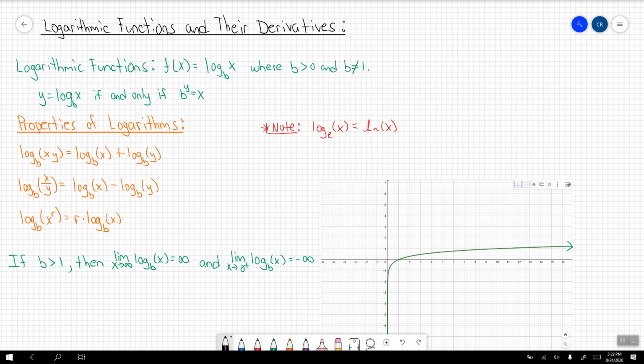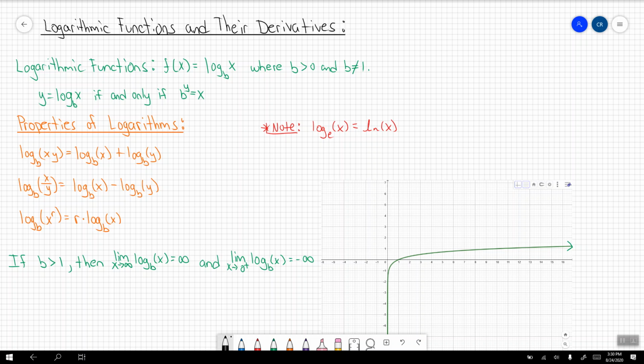So once we apply this logarithmic definition, we can then start extracting how we're going to work with it a little bit more. Down below this logarithmic function, we see here that I have y is equal to logarithm base b of x. This works if and only if b to the power of y is equal to x, which means we have this sort of bridge between exponential and logarithmic functions.